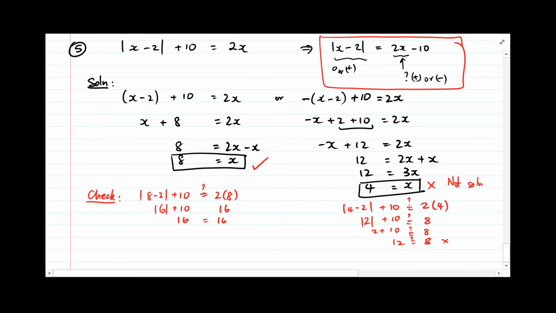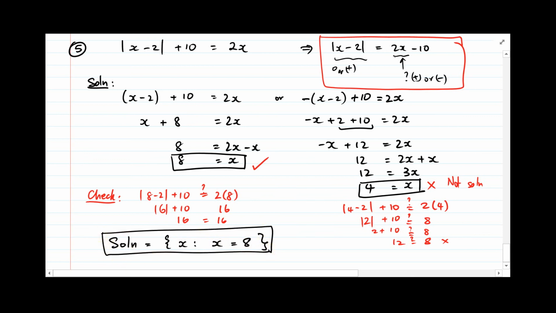Right? So the only solution, in writing my solution set, is the set of x's such that x is equal to 8. So here we have a case where we only ended up with one solution.